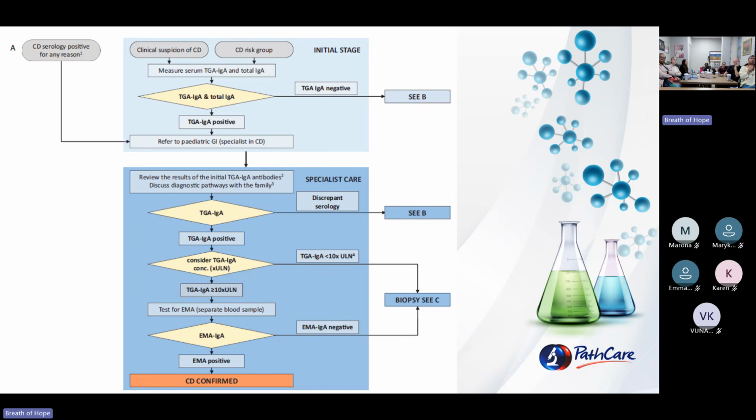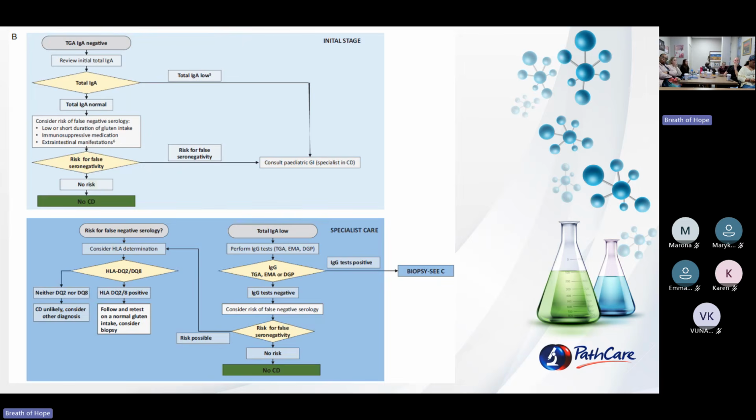But if your tissue transglutaminase results are intermediate or discrepant, then we see the next section, section B. If your tissue transglutaminase IgA concentration is less than 10 times the upper limit of normal, or it is greater than 10 times the upper limit of normal but the confirmatory EMA testing is negative, then a biopsy is recommended.